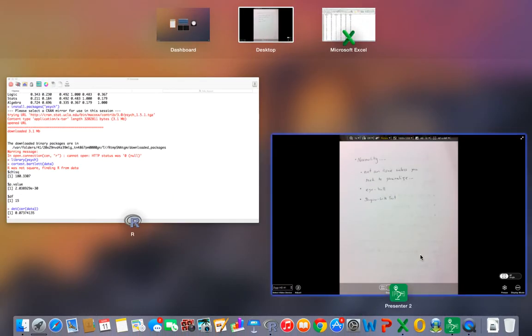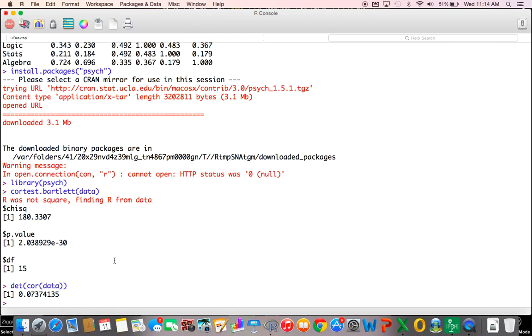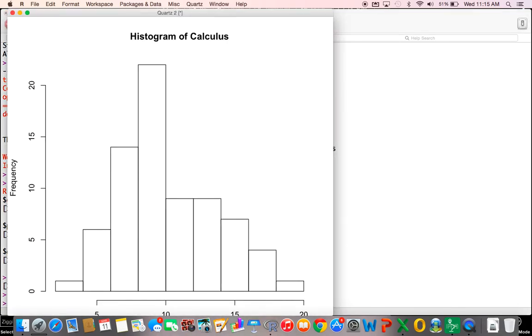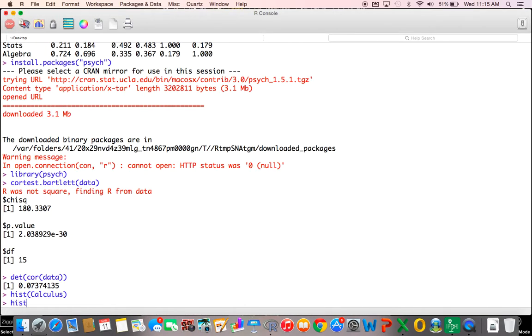I'm going to just show you one of these. If I want to look at a histogram, for example, of calculus, there's a little bit of right tail skewness there, but there's nothing that makes me leery that these scores didn't come from a normal distribution. Look at one more.